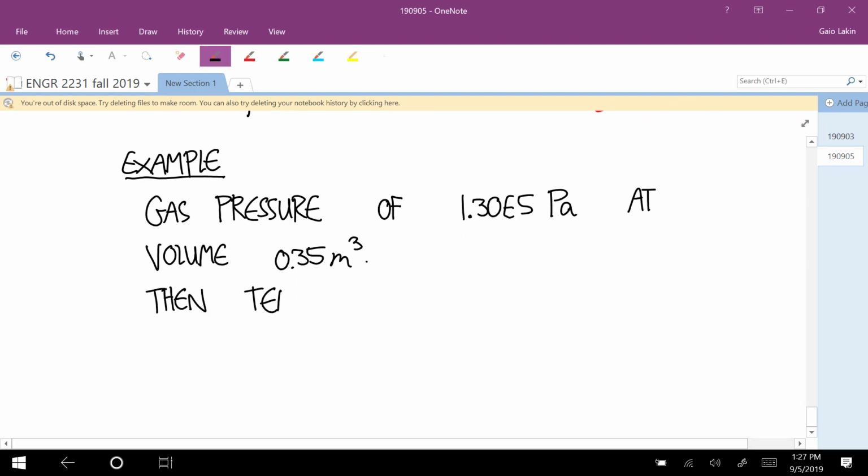Then the temperature of the gas is reduced as the pressure is held constant.